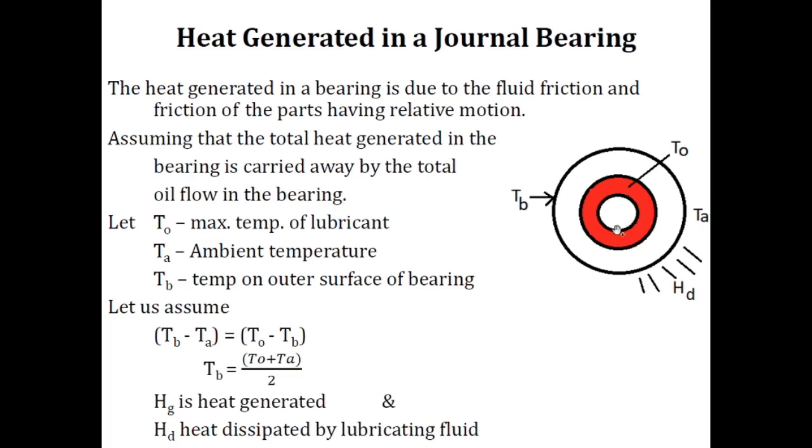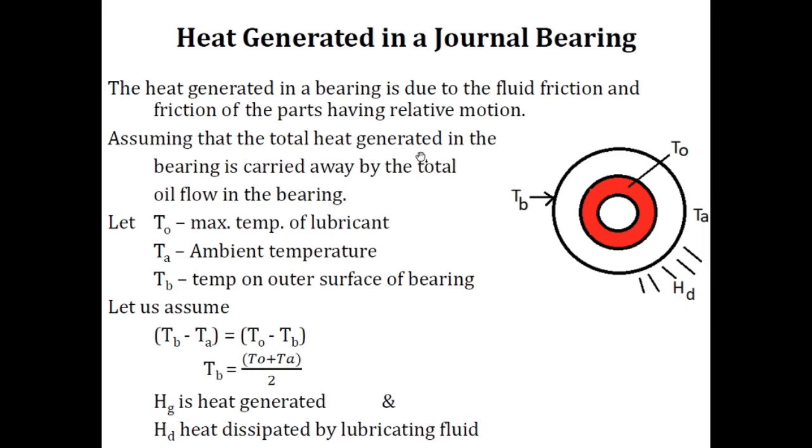Whatever heat is generated here is taken by the lubricating fluid. That lubricating fluid transfers this heat to the bearing, it comes to the surface, and from the surface it is dissipated to the atmosphere. So here it is shown as the heat dissipated. Here is the heat generation and here is the heat dissipation.